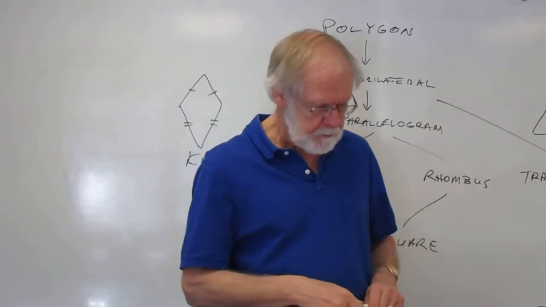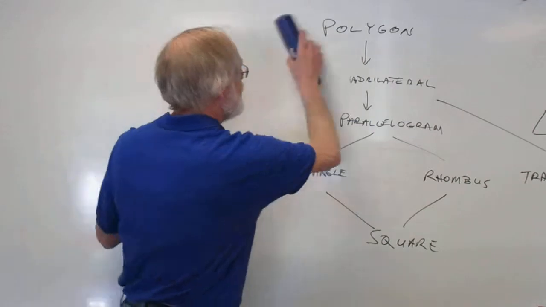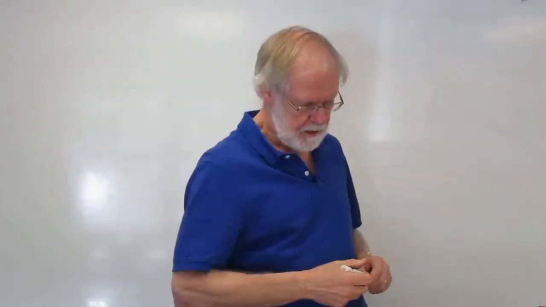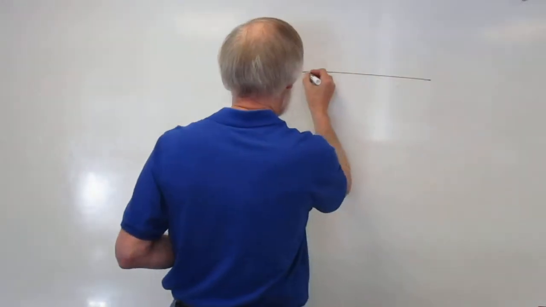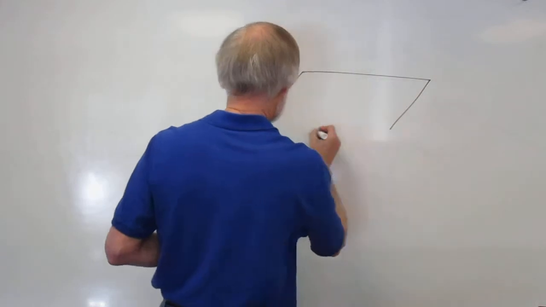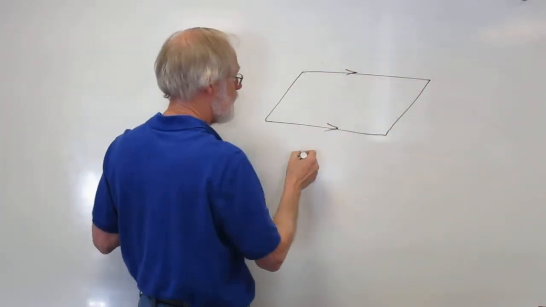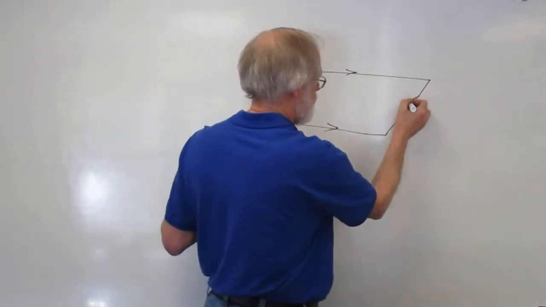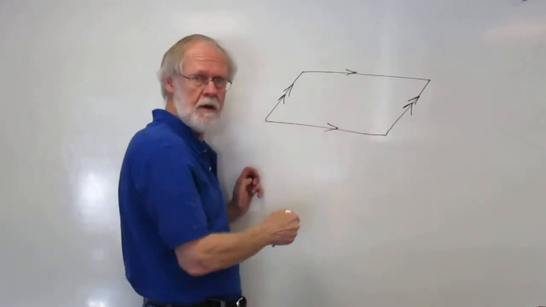Okay, section 6.2, I'm going to take this off, and we'll look at properties of parallelograms. Now, a parallelogram is a four-sided figure which by definition has two sets of opposite sides that are parallel. So in other words, these two are parallel and these two are parallel.